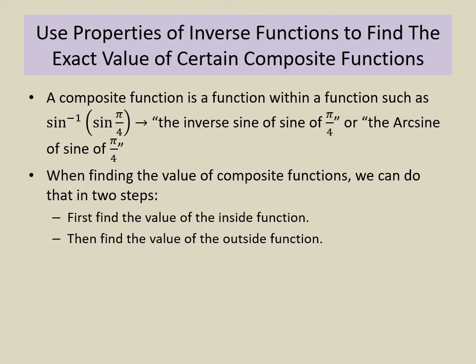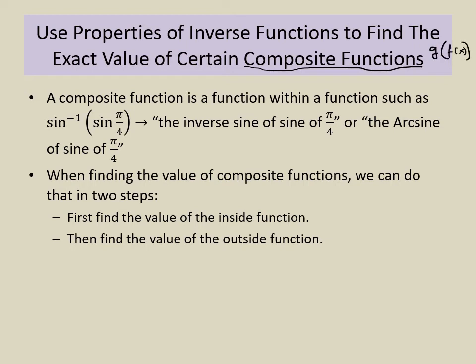Our next objective is to use what we've learned about inverse functions and find the value of something called a composite function. A composite function is a function within a function, and we've seen that before in some algebra courses, something like g of f of x.